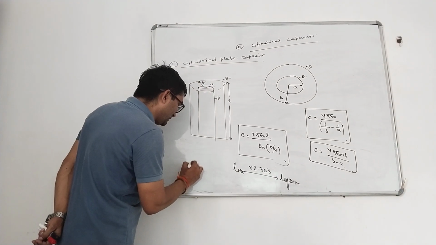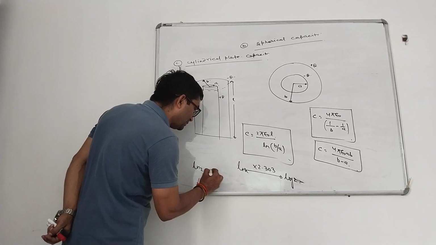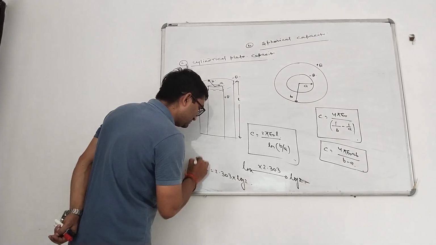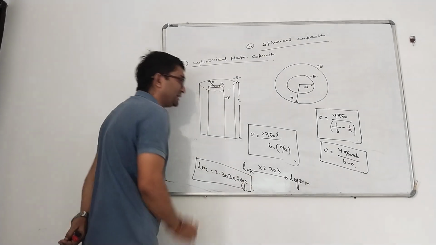Like if ln 2 is written here, it means 2.303 multiplied by log 2. Like that, I will calculate their value.